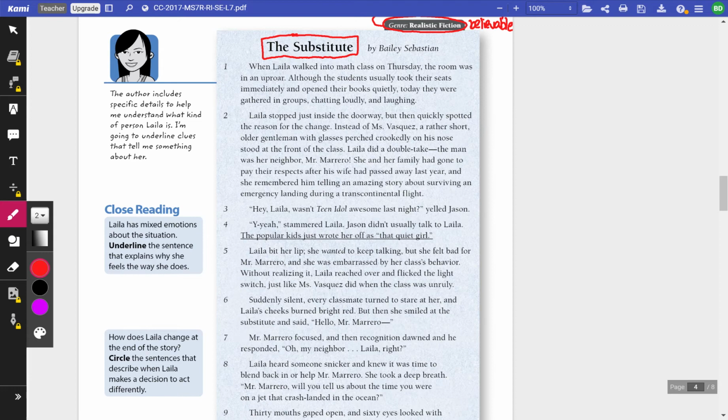Instead of Miss Vask, a rather short older gentleman with glasses perched crookedly on his nose stood at the front of the class. Layla did a double take. The man was her neighbor, Mr. Marrero. She and her family had gone to pay their respects after his wife had passed away last year, and she remembered him telling an amazing story about surviving an emergency landing during a transcontinental flight.